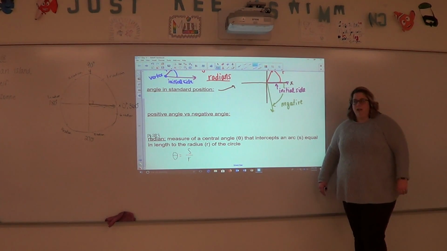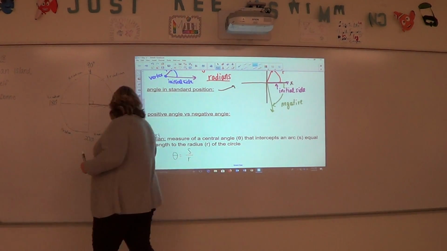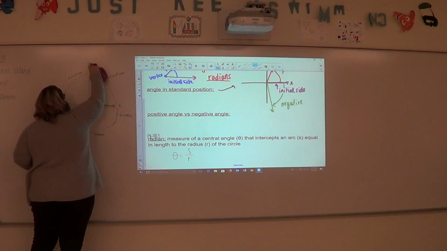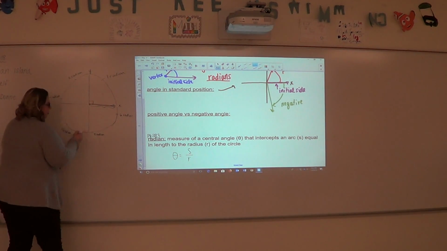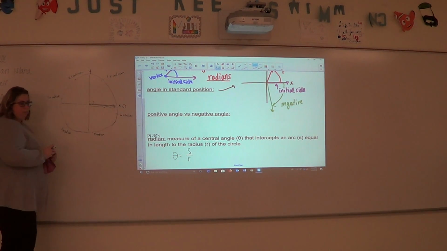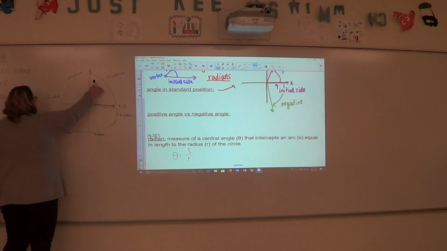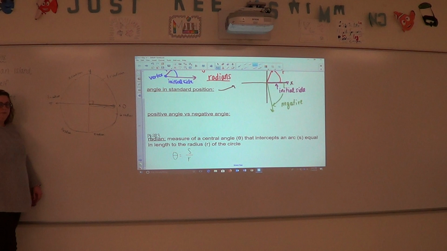Alright, so if this is zero, this is where we start. That's 0 radians. There's 1 radian, 2 radians, 3. This right here is pi. What's pi equal to? 3.14.